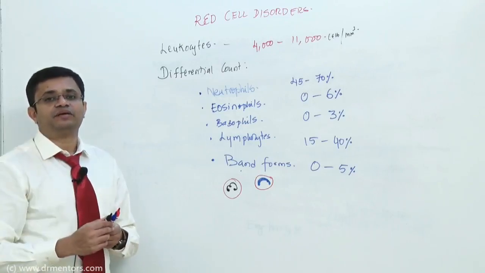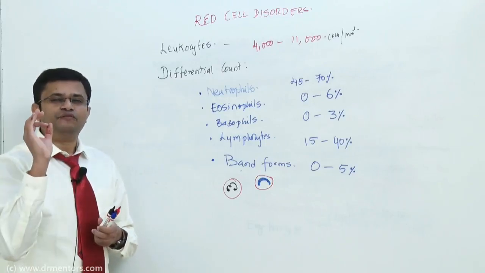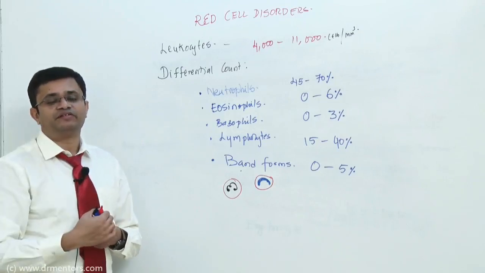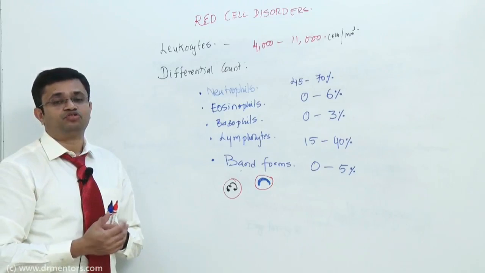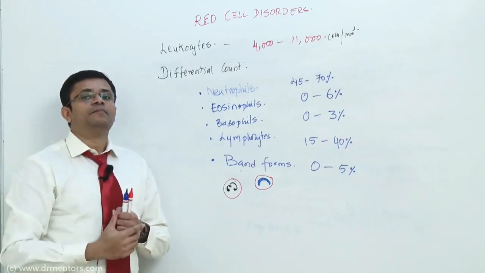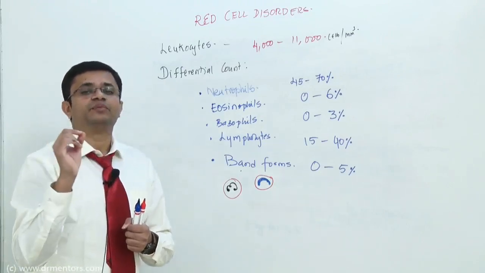Hypersegmented neutrophil is a very good point for you to raise a differential of megaloblastic anemia. That's one of the earliest signs of megaloblastic anemia.